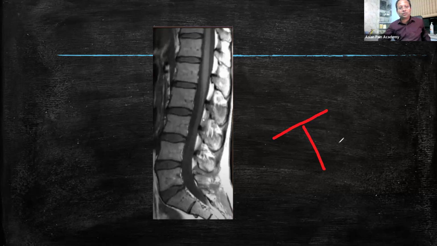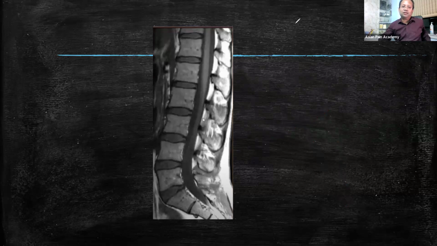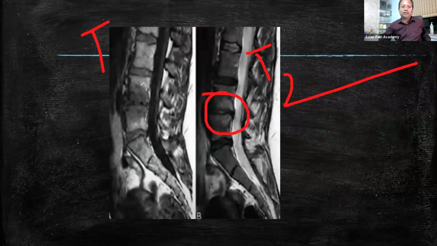CSF is black, so T1. T1. So after a few days, it will be much faster. Nowadays, wherever you get an MRI, immediately you see. So this is the last question. Let us see T1 and T2. So by seeing this area, can you say anything?